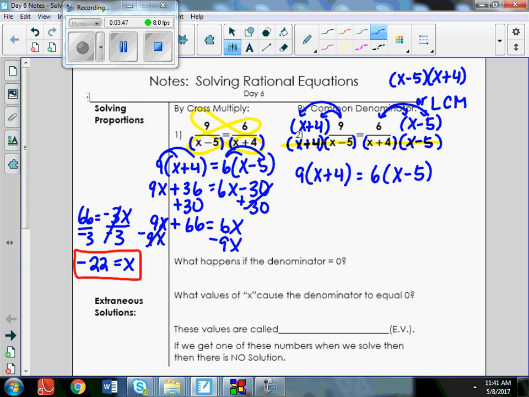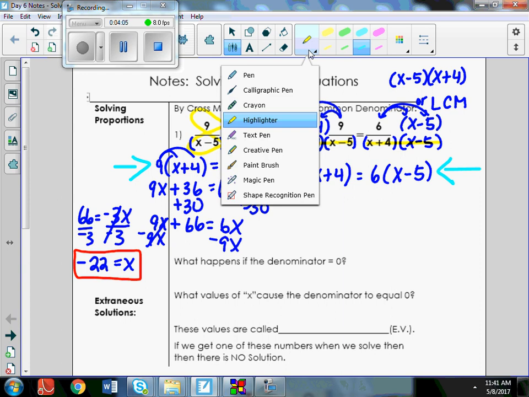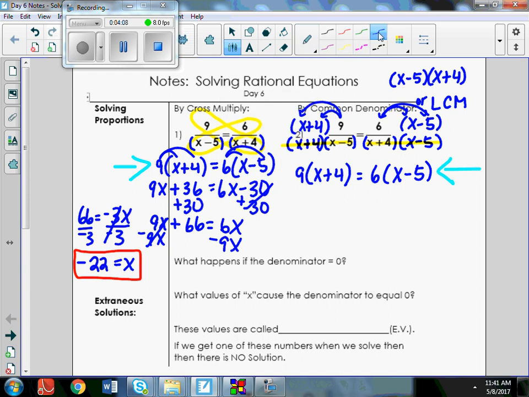But if you stop there and look, do you notice that they're the same? So I want you to see and make that little connection that these two methods at this step, they look exactly the same. So finding a common denominator is another way.